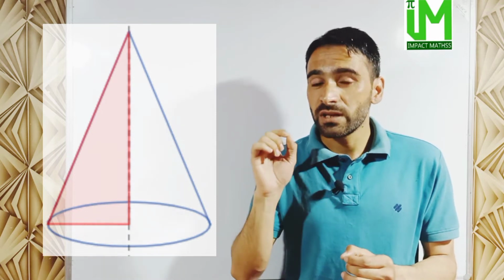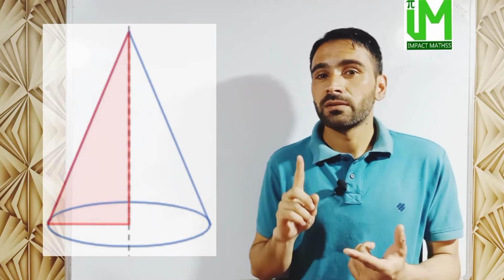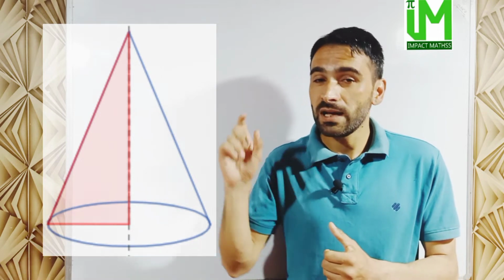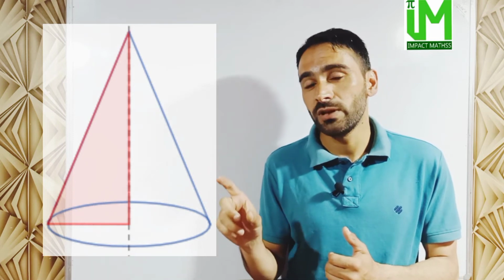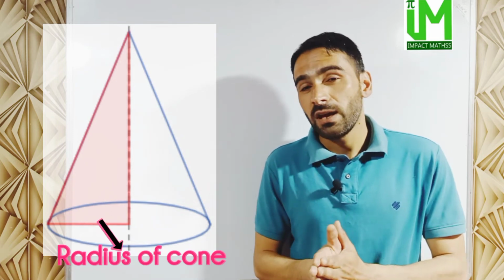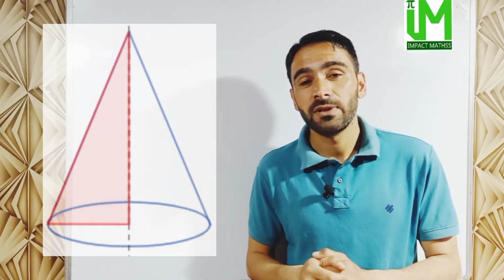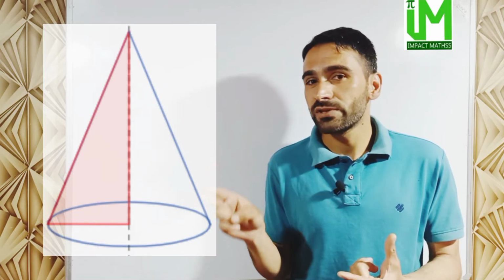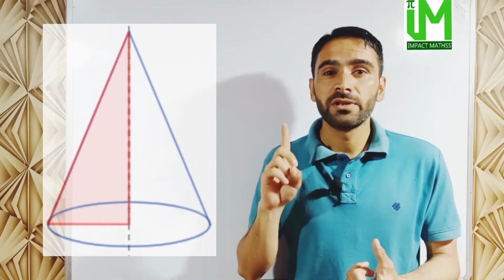Now if we make the right angle triangle rotate about the perpendicular, then the perpendicular of this right angle triangle will turn out to be the height of the cone, and the base of this right triangle will turn out to be the radius of the circular base, and the hypotenuse of the right angle triangle will happen to be the slant height. So essentially we have three components concerning three sides of the right angle triangle: one is perpendicular, number second hypotenuse, number third base.